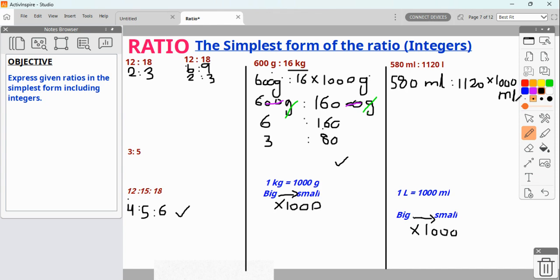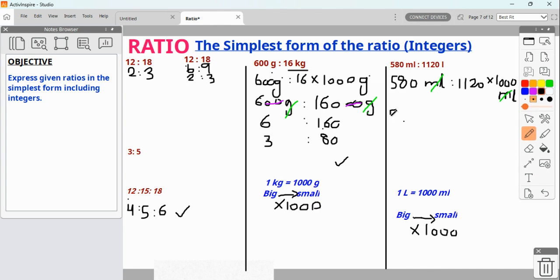Because we multiply by 1000, we will not write liter here, we will write milliliter, ml. So what is next? We can cancel the same unit. Milliliter will be cancelled by milliliter.